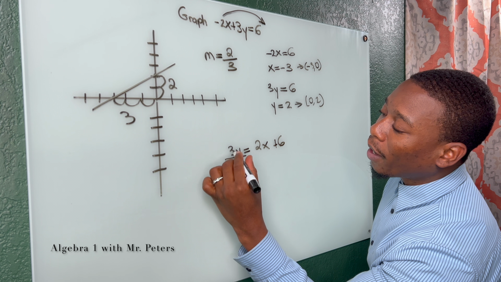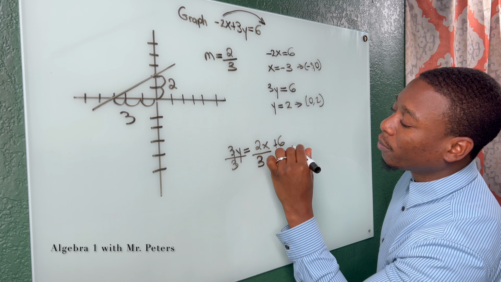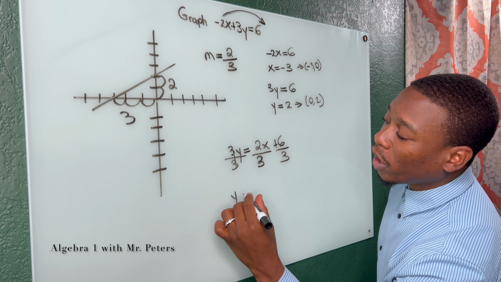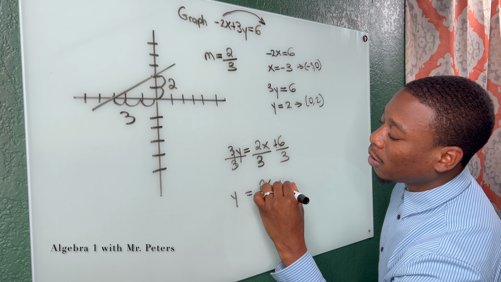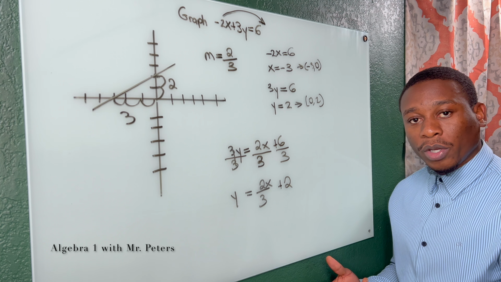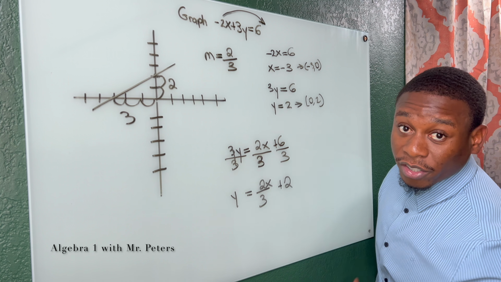Now I divide by 3 to get y by itself, and our final equation is y is equal to 2 over 3x plus 2. And if you notice, slope is the same, y-intercept is the same.